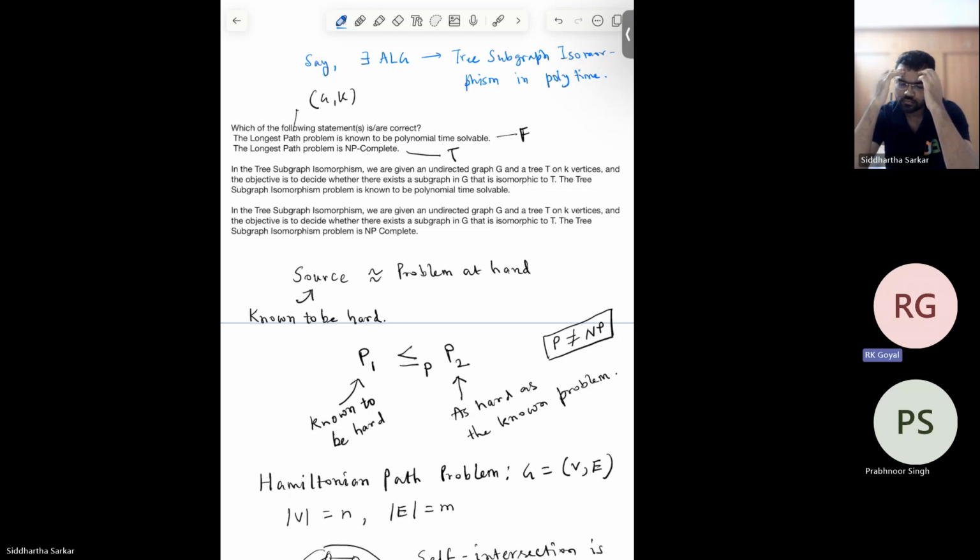So we would be mapping basically the vertices which are one edge away from the root in the subgraph of the G to the ones one edge away from the root in the tree, and similarly the vertices which are two edges away to the two edges away.